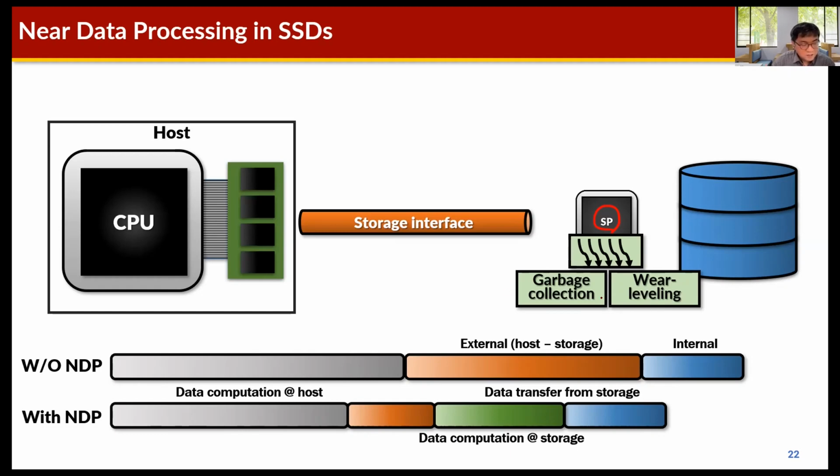The address translation is required very frequently, but the garbage collection or wear leveling is performed by the storage processor only occasionally. For these, the storage processor needs to consume a large amount of computation time, but occasionally, not frequently.